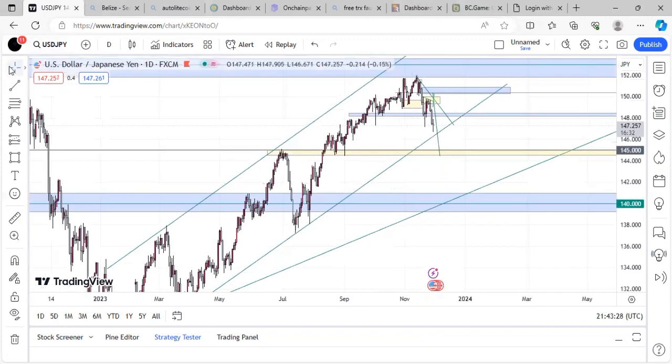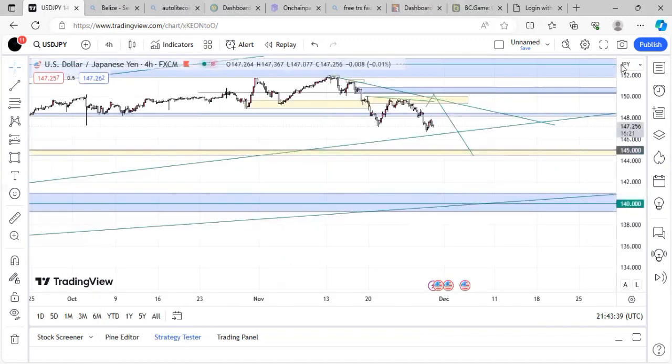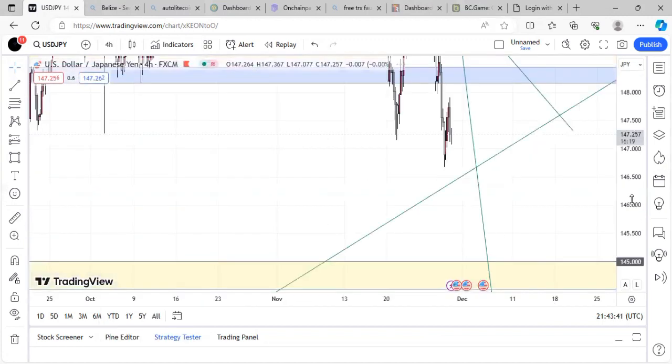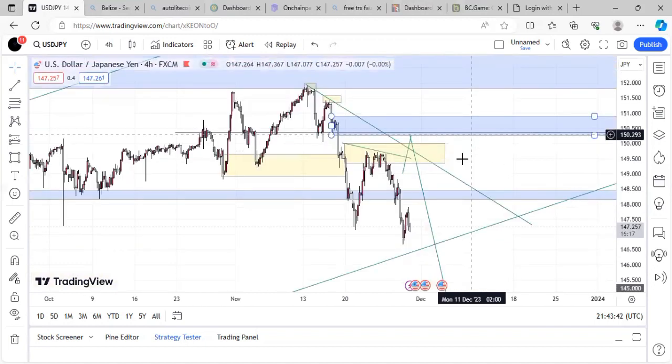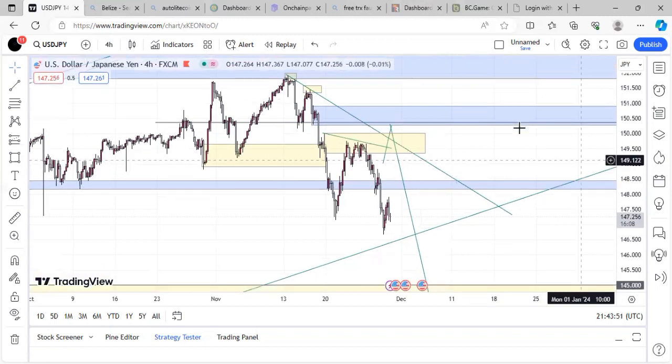So the ultimate sell will be around the break of 1.45 or 1.46. If it breaks out of this trend line, then I will be looking for my selling opportunities. So these are the trades that I'm looking out for this week. We have gold and we have USD CAD, right?